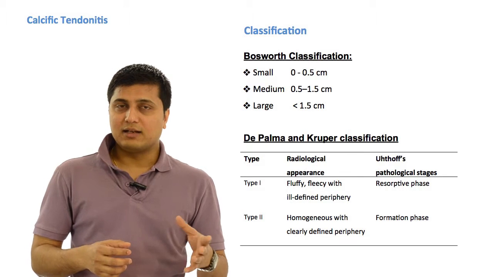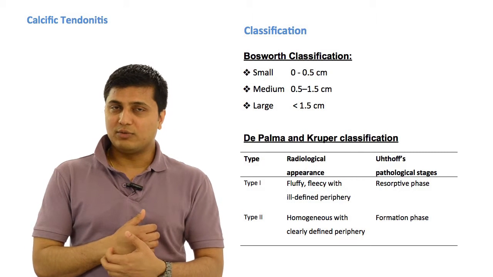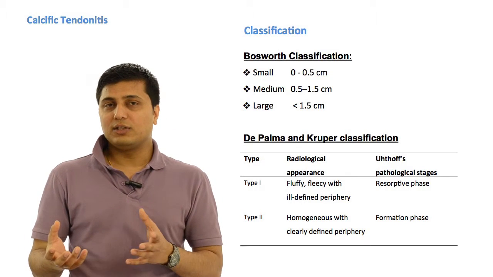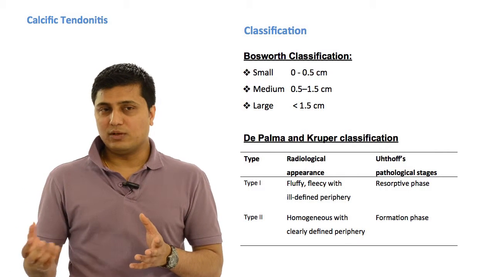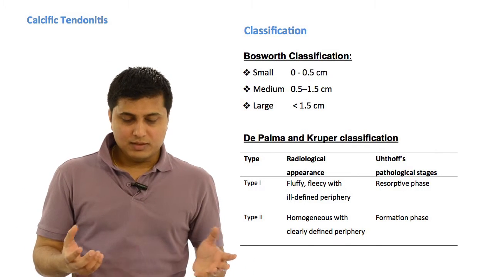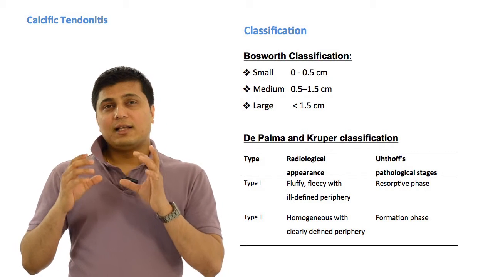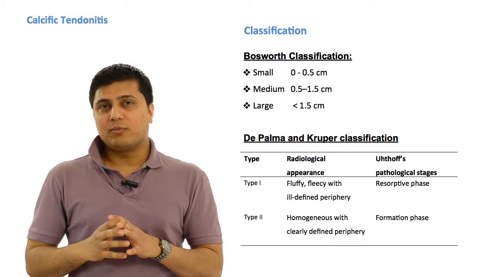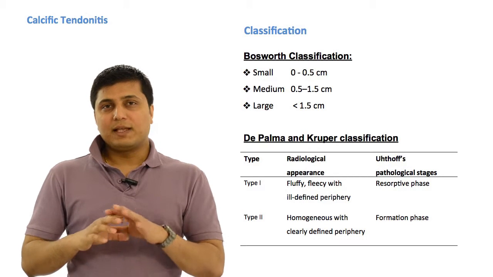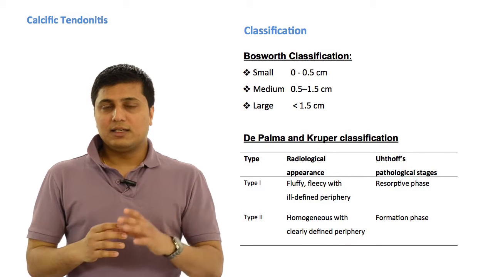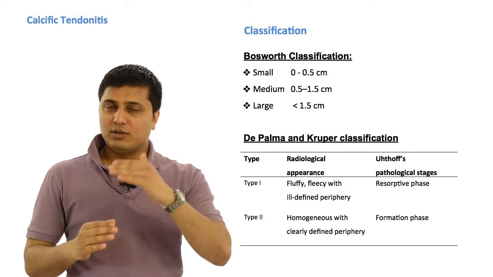Apart from this, there is another classification worth mentioning, because it has some significance with the management plan as well, which is the De Palma and Kruper classification. Depending on the appearance of the calcific deposits in the plain radiographs, irrespective of the size, it's classified into type 1 and type 2.